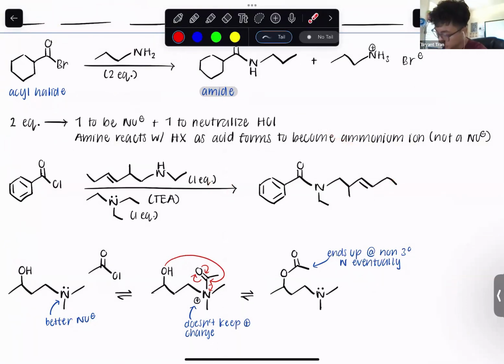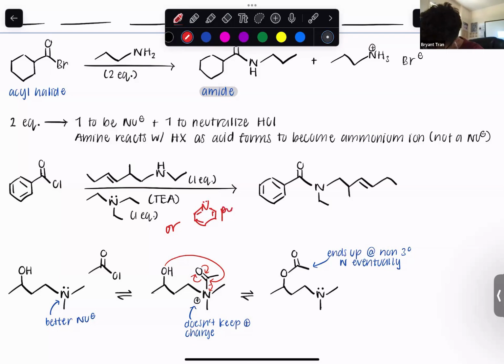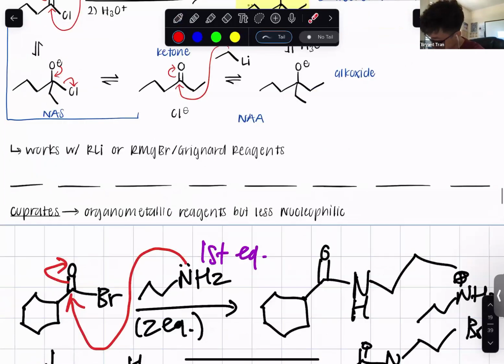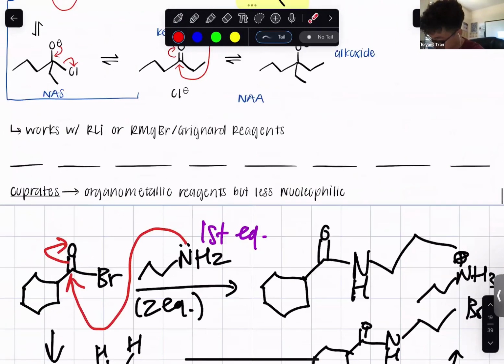Because it doesn't have to be two equivalents of this amine. You could use one equivalent of the amine and then one equivalent of a base like triethylamine or pyridine, right? Pyridine as the base to deprotonate the HX. Okay.